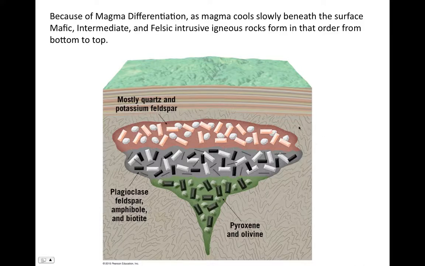And whenever the only melt left is felsic, whenever that felsic melt crystallizes and cools, it forms an intrusive igneous rock with mostly non-ferromagnesian silicates, which forms granite. So that's why we find so much granite in the crust, because whenever this melt solidifies and cools slowly beneath the surface, granite is the intrusive igneous rock that's found at the top of the magma body.